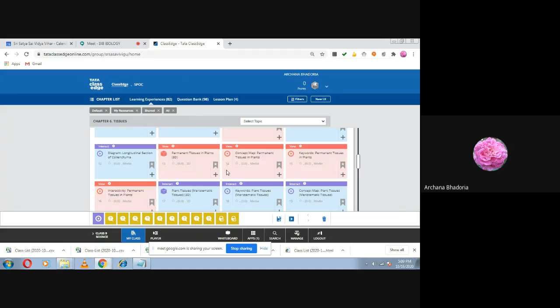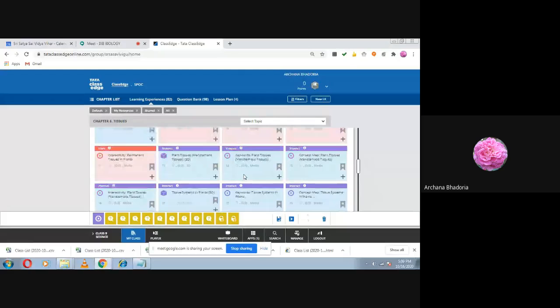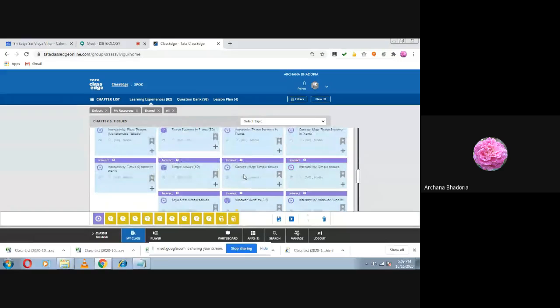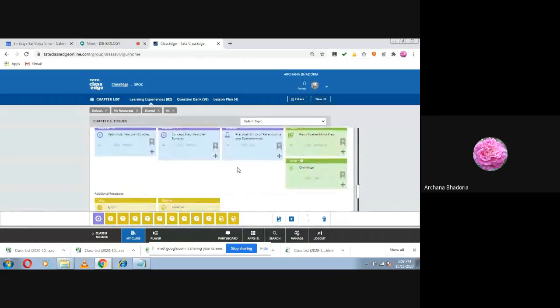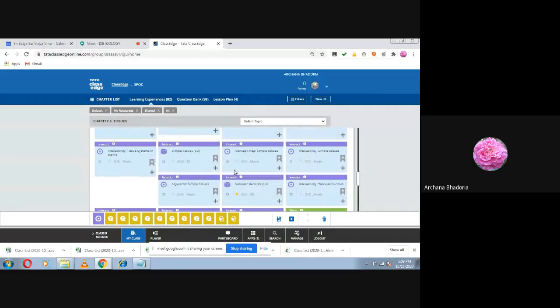the xylem tissue, we call it a complex permanent tissue because this is made up of four different types of cells. Otherwise, in a simple permanent tissue, we have seen that the tissue is made up of only one type of cells.